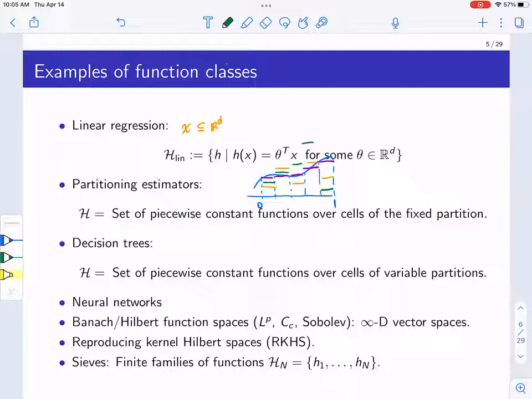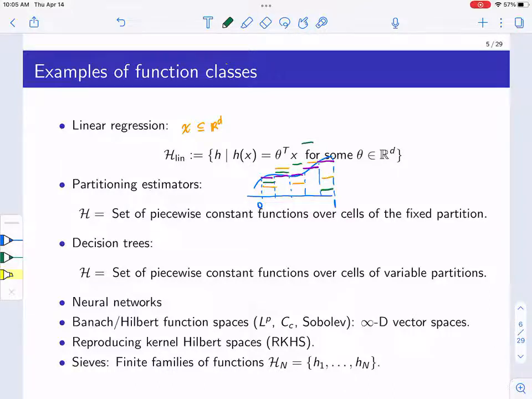Is it an infinite dimensional class, or a finite dimensional class? Finite dimensional, yeah. The basis would be 1 here and 0 elsewhere, 1 here and 0 elsewhere, and the dimension would be the number of cells of the partition.